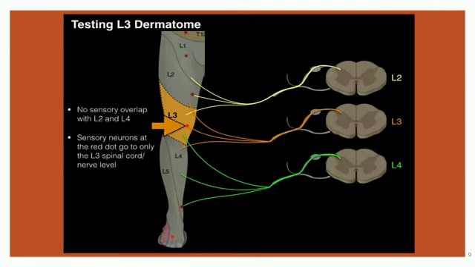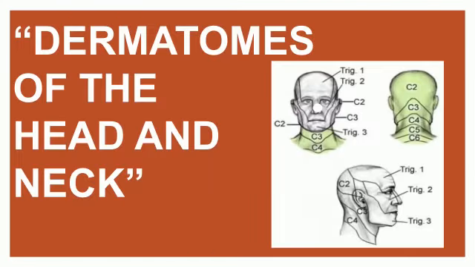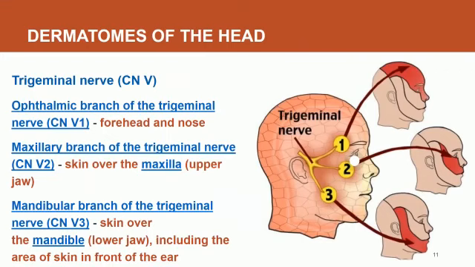Now, let's discuss the dermatomes of the head and the neck region. As we all know, there are 12 pairs of cranial nerves. Cranial means brain, so these nerves originate from the brain instead of the spinal cord, which give rise to spinal nerves, which we discussed earlier.